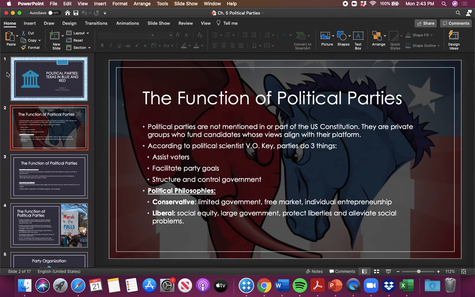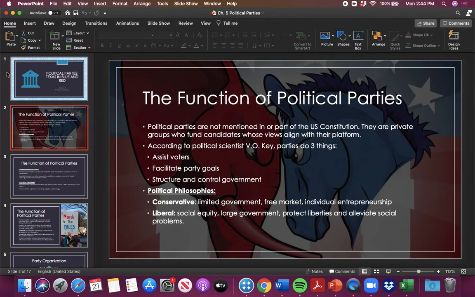Republicans tend to be conservative, and like we said, conservatives favor limited government, so small government, government that's not overstepping its authority, the free market, that government should stay out of business, that there should be low regulations, low taxation on business, and individual entrepreneurship, that we should make it as easy as possible for people to start a business, to encourage the growth of business, things like that.